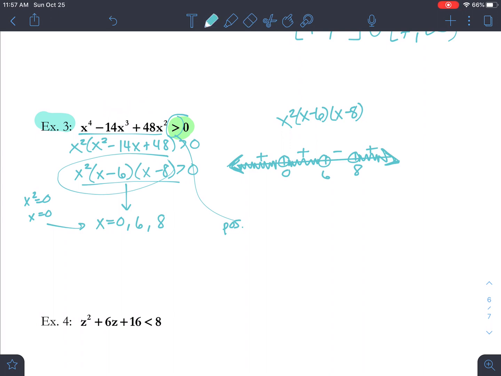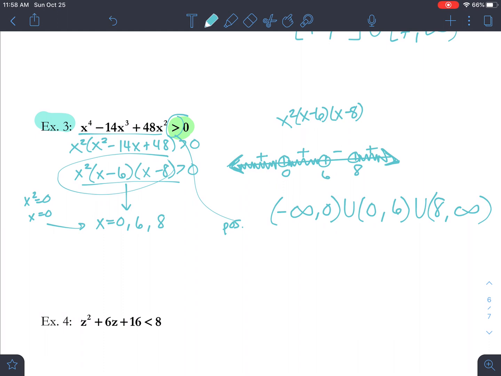That 0 is greater than or equal to 0, but when it's an open circle, we want to skip over it. So final answer here, negative infinity to 0, parenthesis, not included, open circle, union, 0 to 6, union, 8 to infinity. So everything except for 6 to 8, and then not including our critical values since it was open circles.